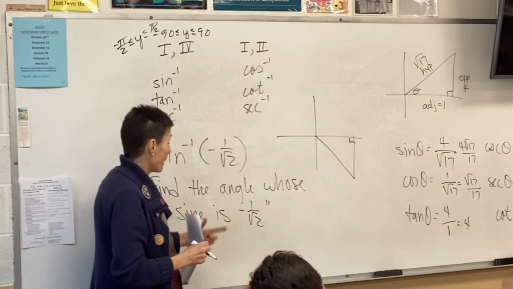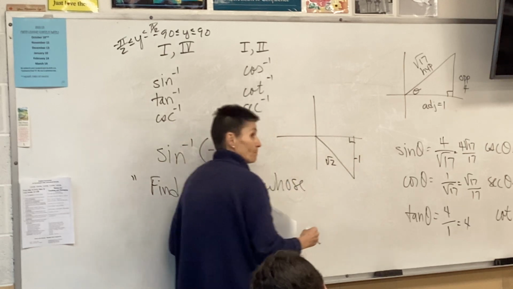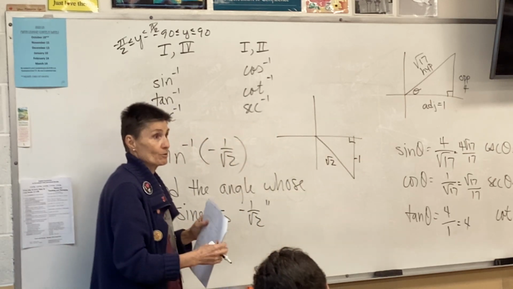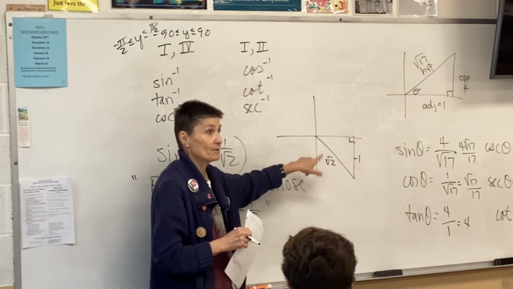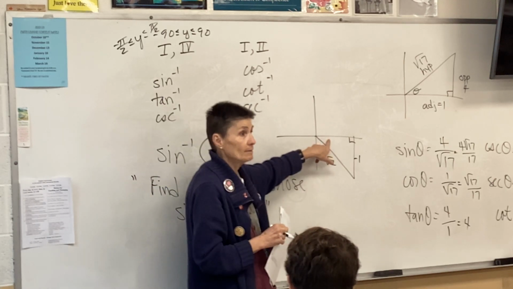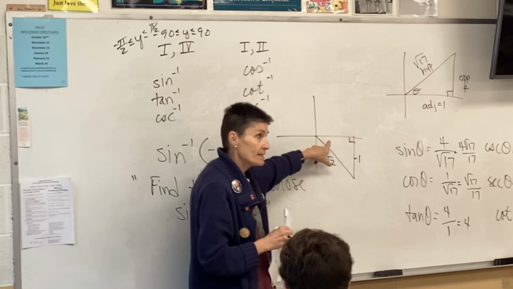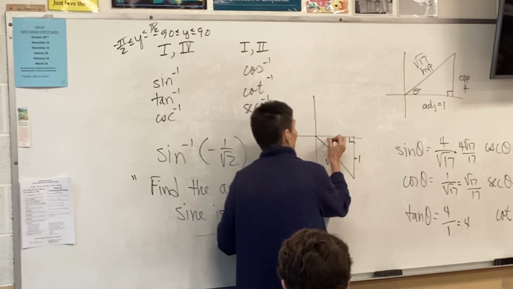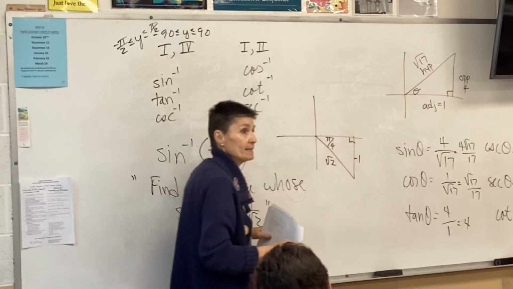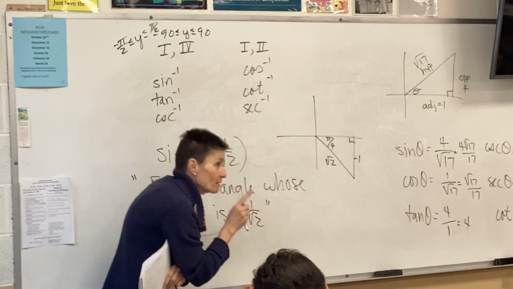The sine is opposite over hypotenuse. This is no calculator, so you better be able to recognize that. How big is that angle right there? 45, which in radians is pi over 4, half of 90. So what do we put down in the answer blank?